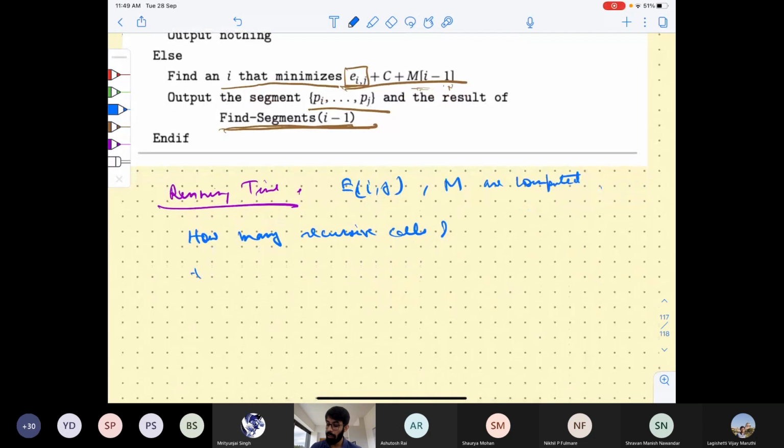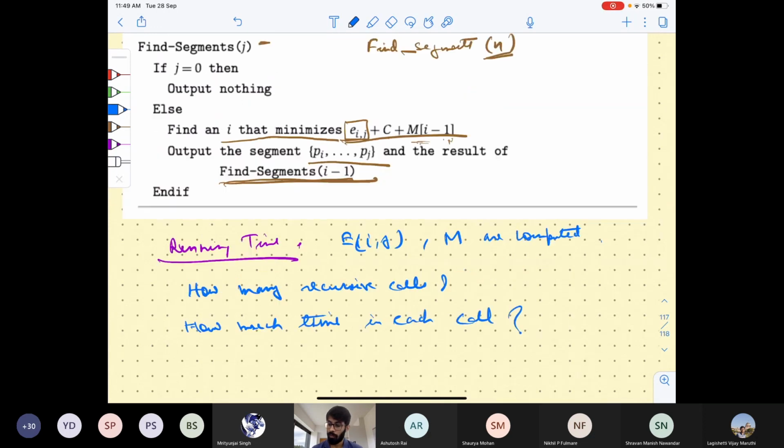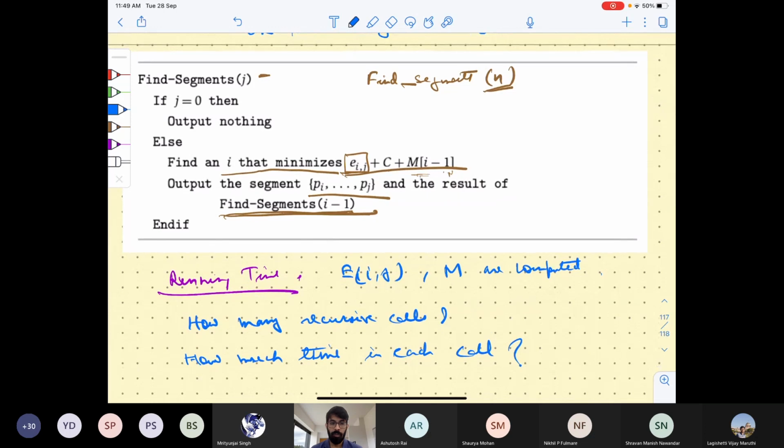And how much time in each recursive call? Okay, anyone? How many recursive calls can this find segment thing make? Total.